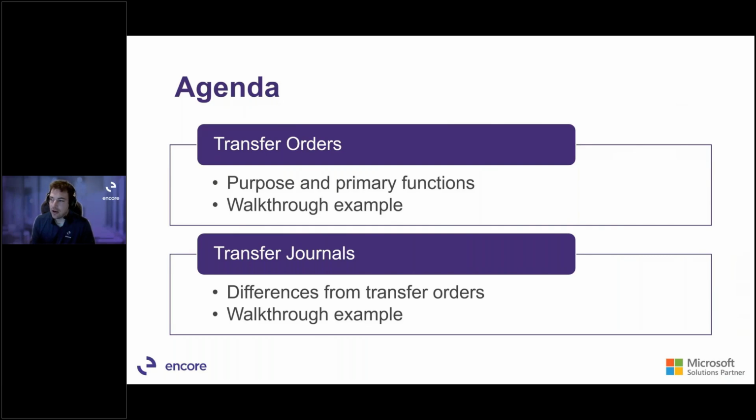We'll do a walkthrough example of how to make a transfer order, how to ship a transfer order, how to receive a transfer order in both the inventory management side of things, as well as the new warehouse management solution, commonly known as advanced warehousing. Then we're going to look at the differences between a transfer order and a transfer journal, as well as walk through an example of a transfer journal.